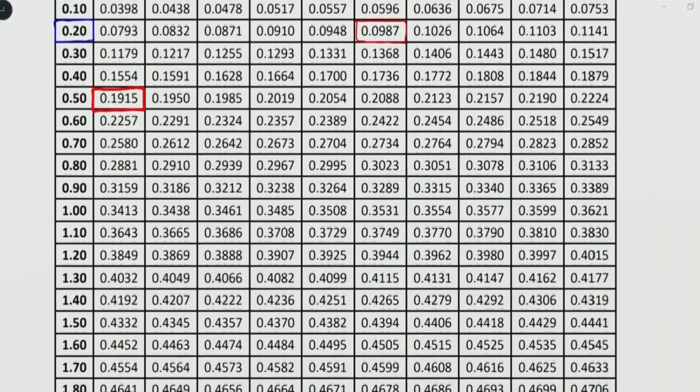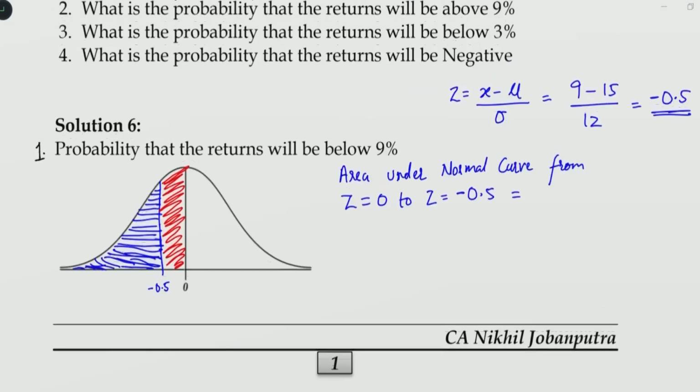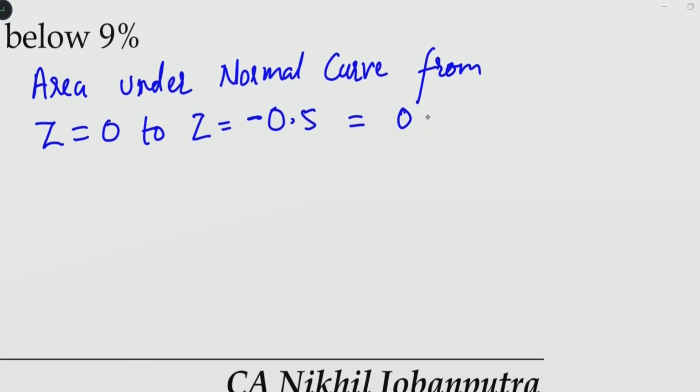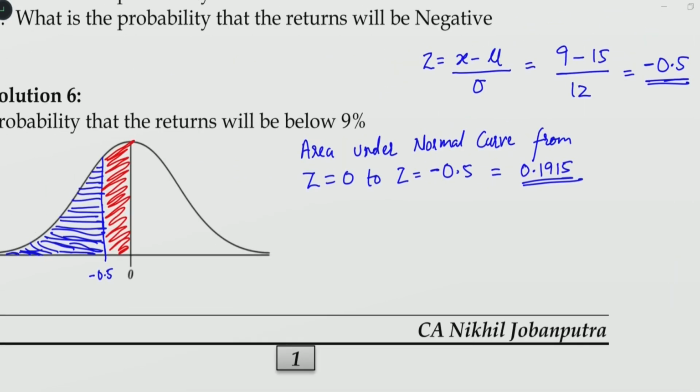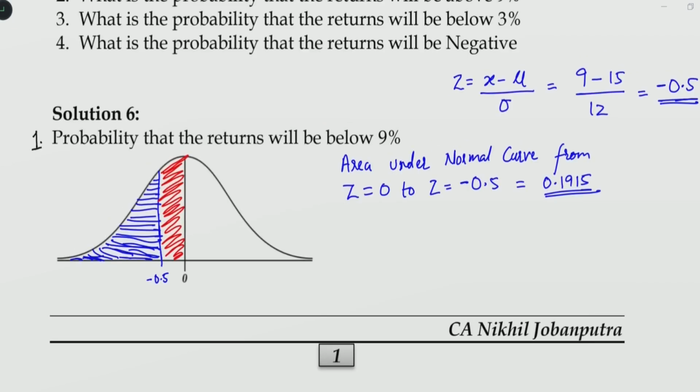What was that area? It was 0.1915. So I write here 0.1915.